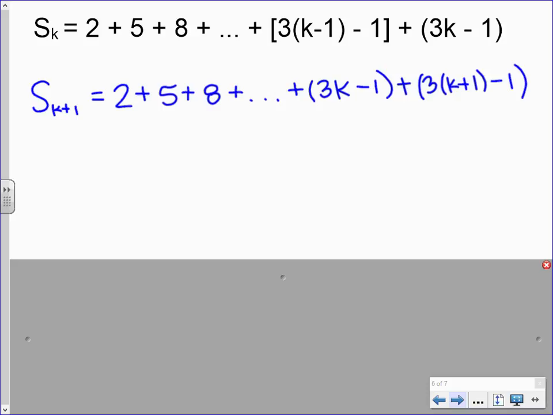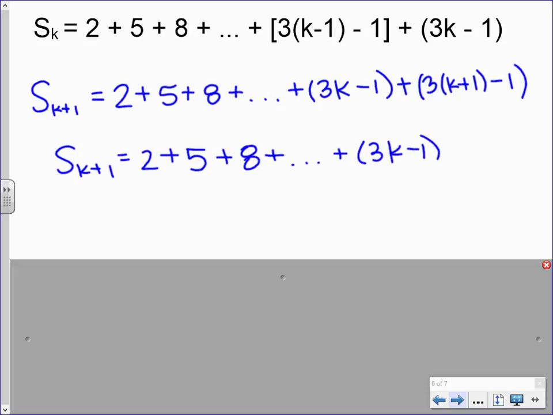So I would rewrite this as 2 plus 5 plus 8 plus ... 3k minus 1, and then 3 times the quantity k plus 1 minus 1. If we go ahead and distribute that 3 through, what is that term going to be? 3k plus 2.